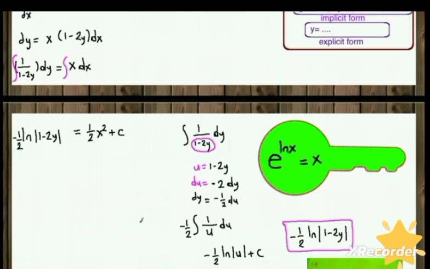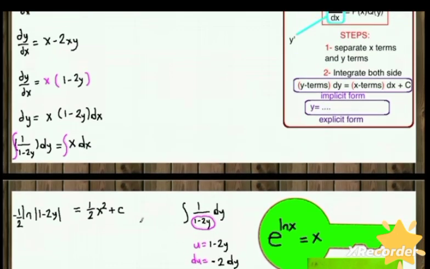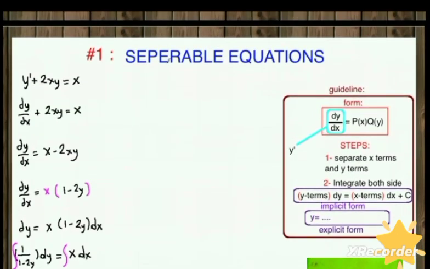Let's go back to our main question. Let's recap up to here. At the first step, we called y' dy/dx. At the second step, we subtracted 2xy from both sides.